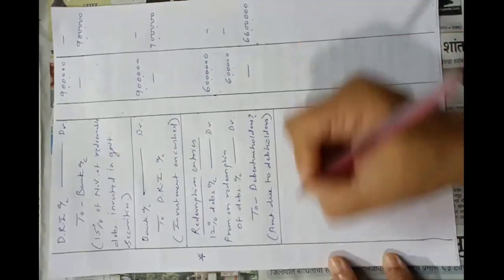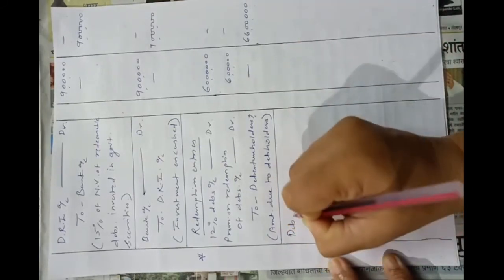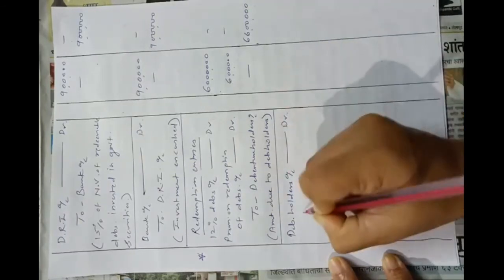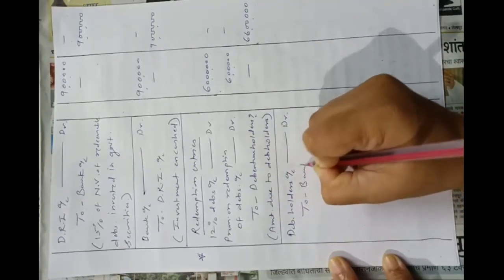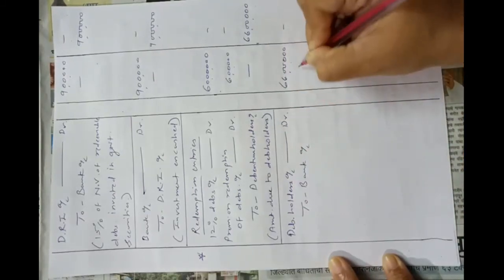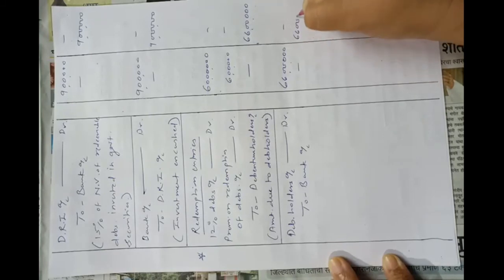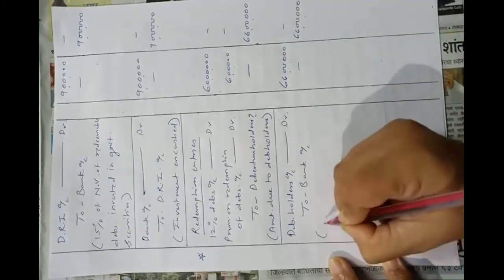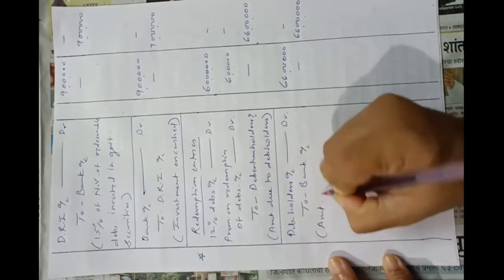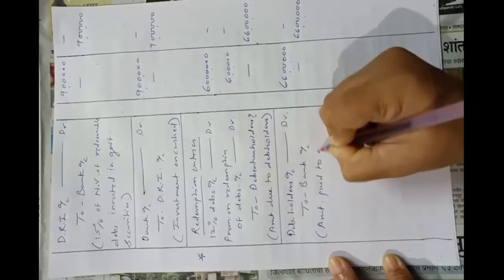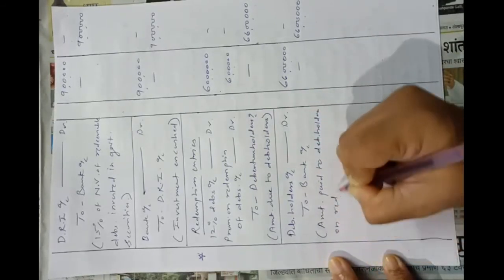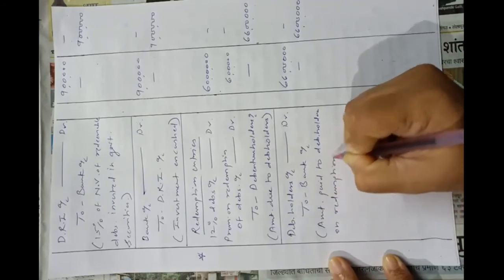So debenture holders account debit to bank account, ₹66 lakhs paid to the debenture holders. So the entry will be amount paid to debenture holders on redemption.